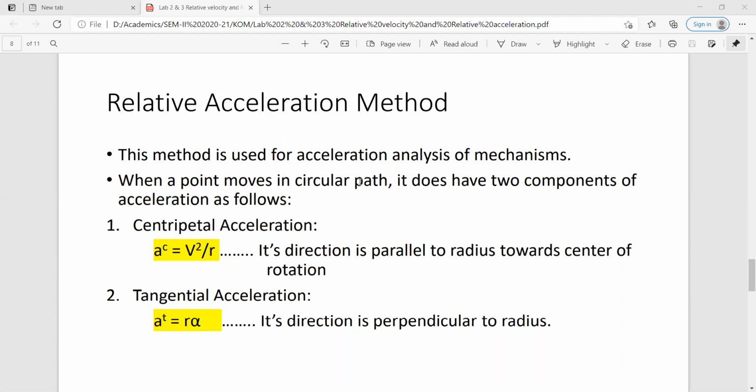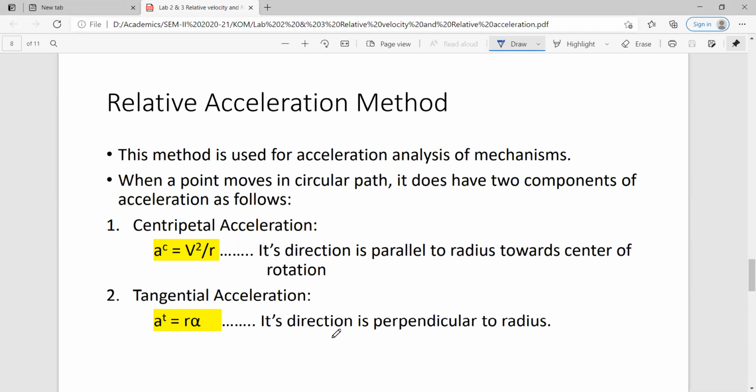So only this thing you need to remember, that when a point moves in a circular path, it will have two components of acceleration. And which are those components? That is your centripetal acceleration and tangential acceleration.